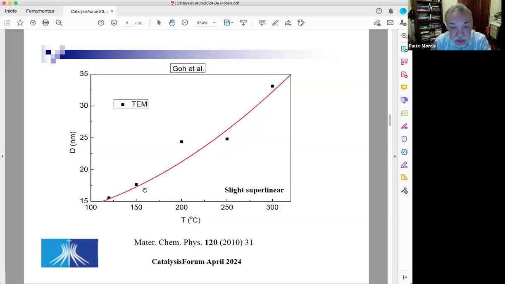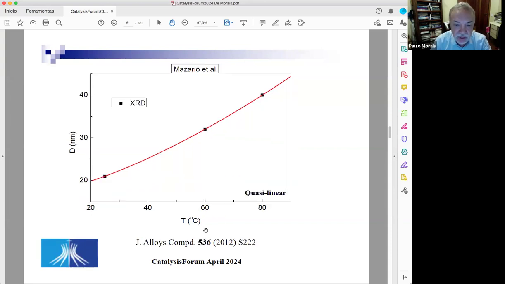This paper published in 2010 shows a slightly superlinear behavior. And then in 2012, we have this data, quasi-linear behavior: the size versus the coarsening temperature.